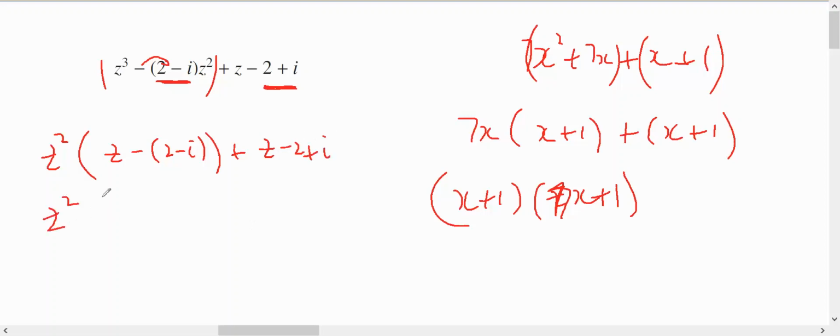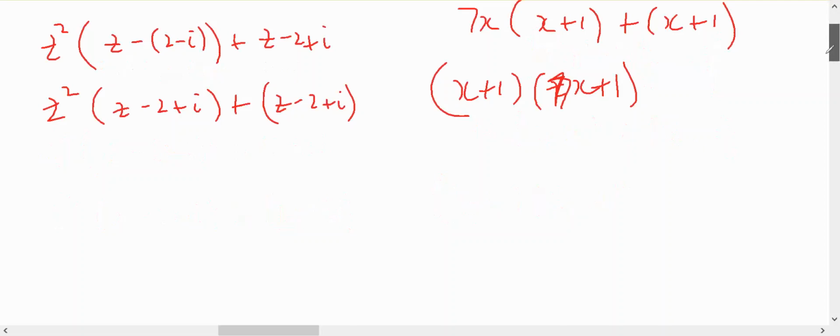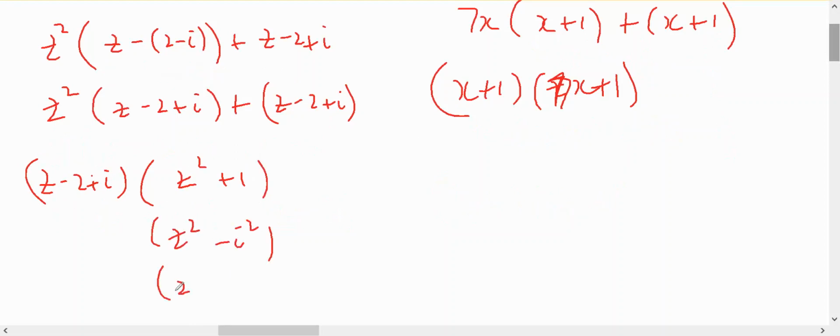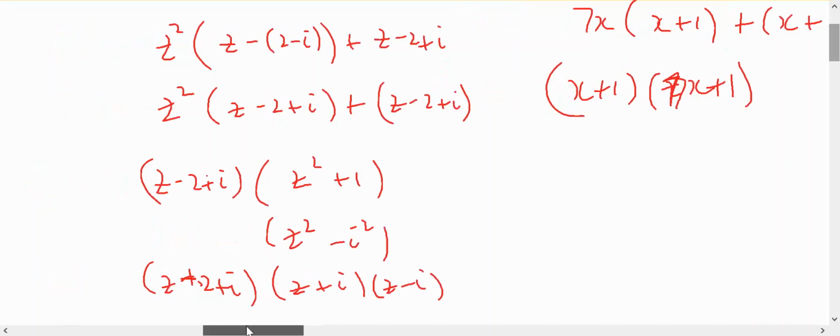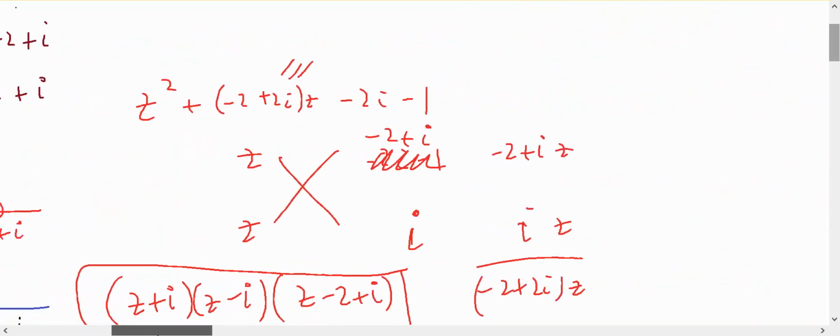Now I have a common factor here of z minus 2 plus i, and then I've got z squared plus 1, which is z squared minus i squared, which is z plus i, z minus i, z minus 2 plus i, which is the same answer as what I had here.